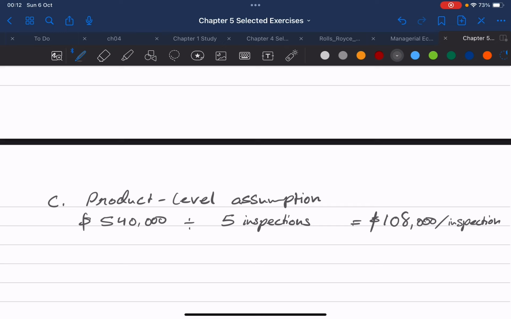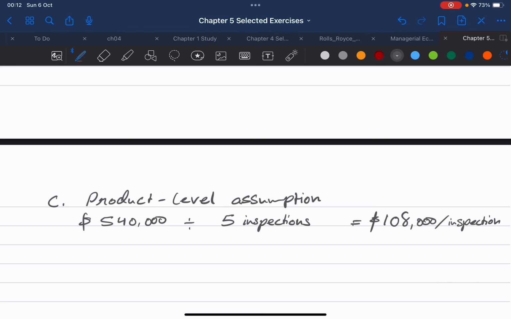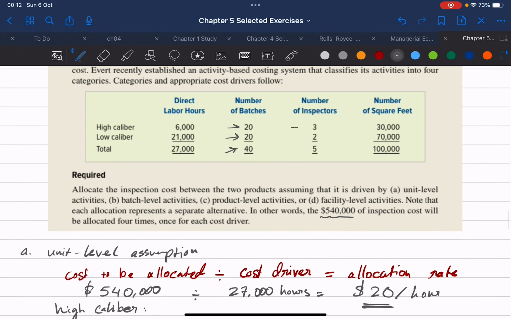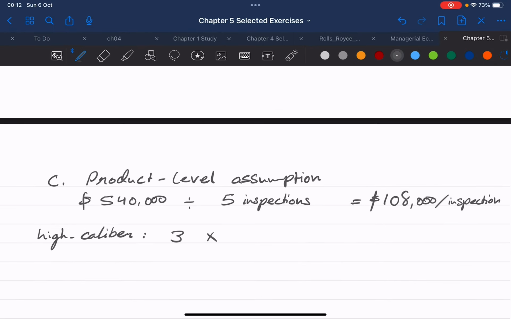Meaning that each inspection will cost us 108,000 in manufacturing overhead. All right, so now we can use this allocation rate that we calculated to calculate for each of the products. So high caliber, for high caliber we had 3 inspections, so that will be 3 multiplied by 108,000.